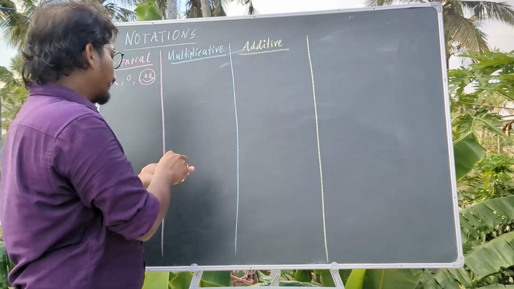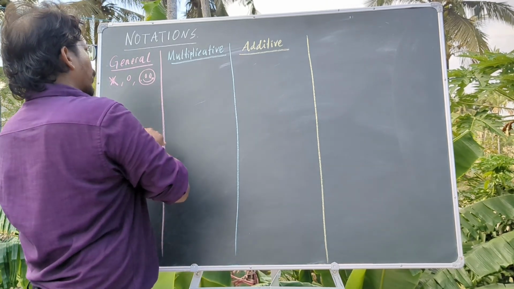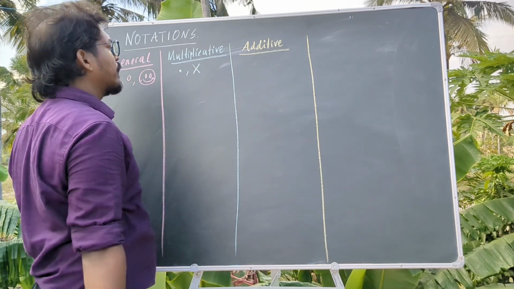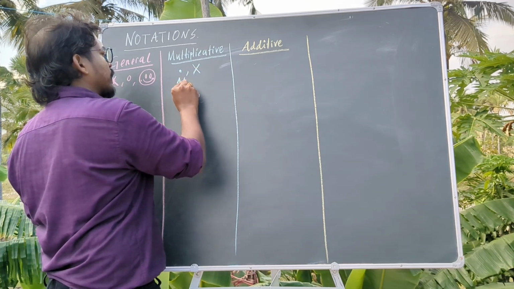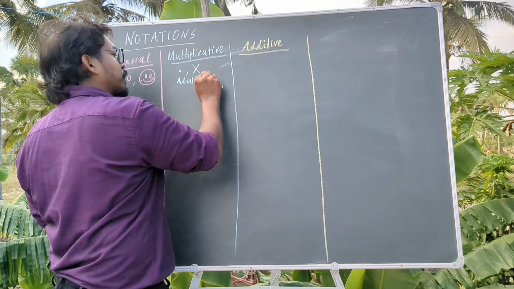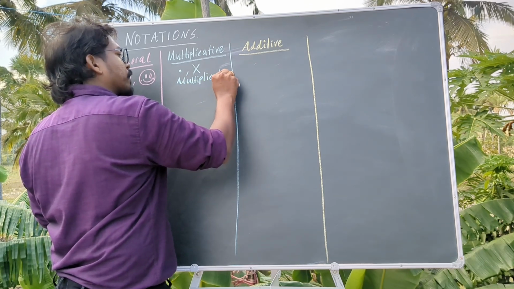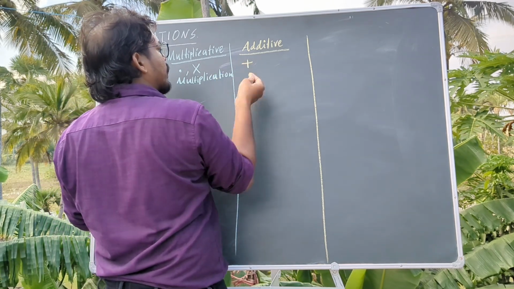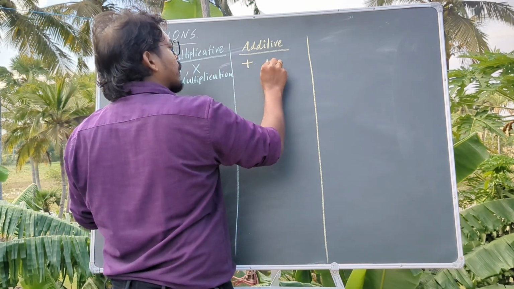Here we have dot or multiplication, and this symbol is read as multiplication. Here we have addition.